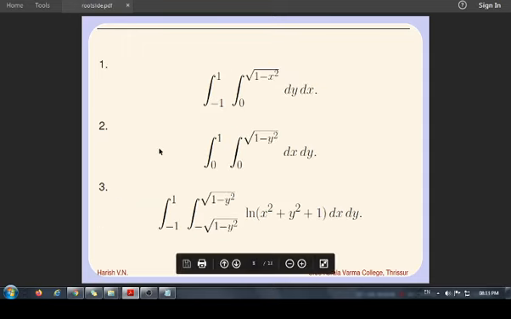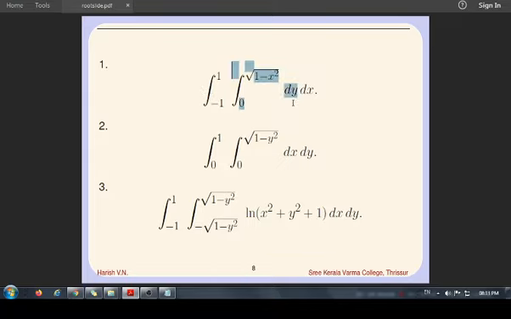I am giving you 3 problems. So the first problem is, here integration with respect to y first, keeping x fixed, then you integrate that expression with respect to x. X varies from minus 1 to 1. So this is the first problem.